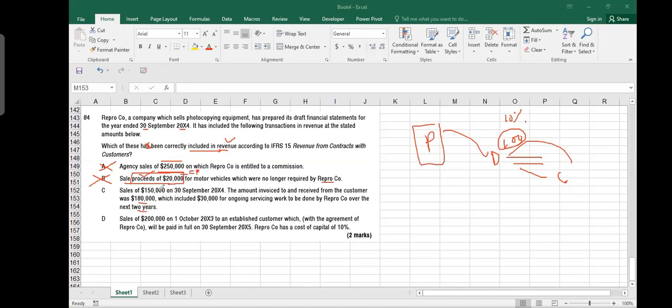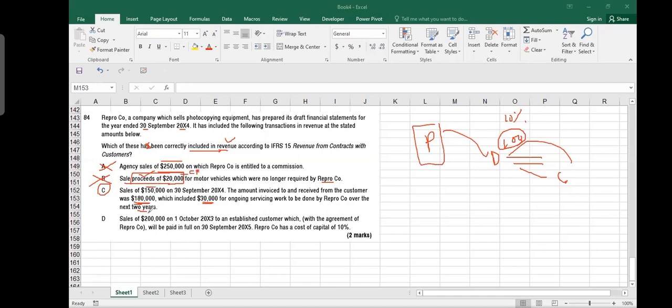So that actually is the correct answer, because they received 180, but within 180, 30,000 is for the future. So this is deferred income. Your revenue should only be 150 and they are recording 150. So they are doing good.